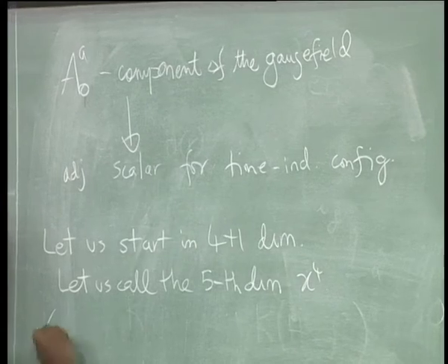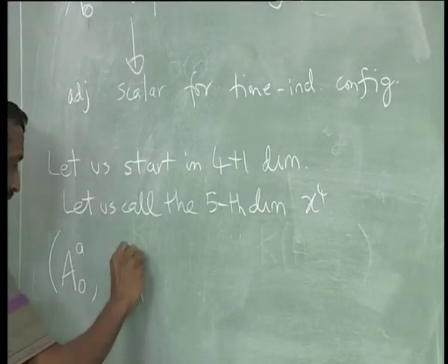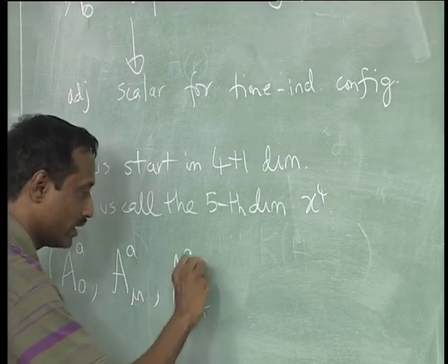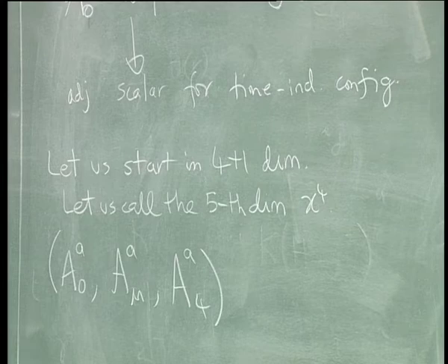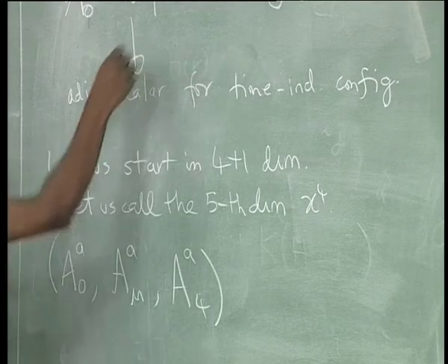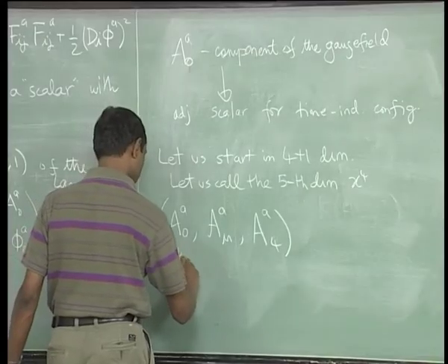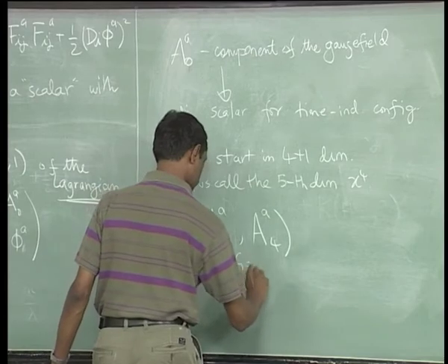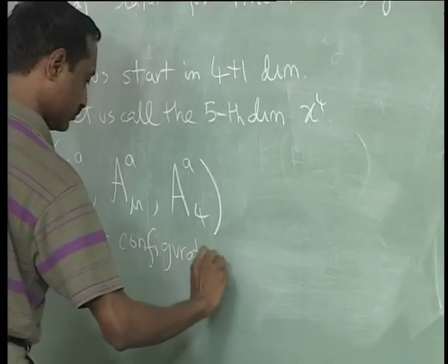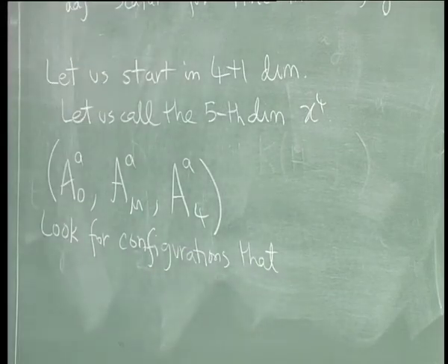I would start out with a gauge field which would have A0A, then the 3-dimensional components, plus there would be A4 of A. Again, as we did here, I will say look for configurations, and what would be the analog of time independent in this case?